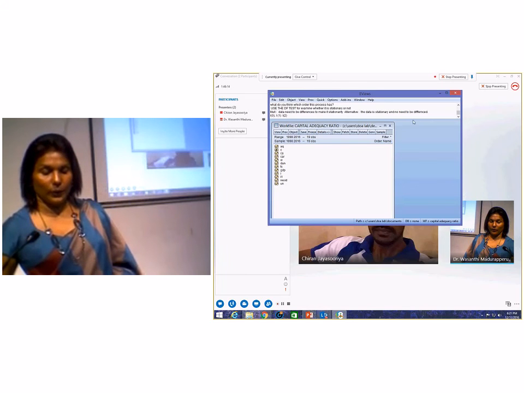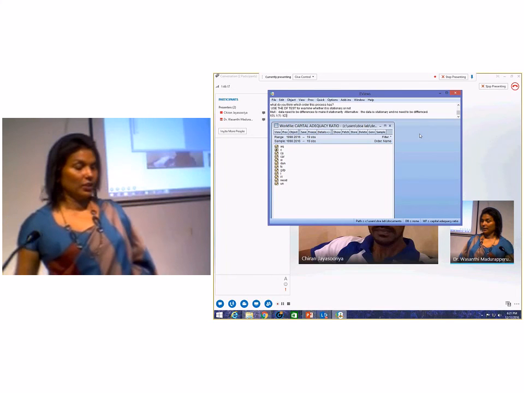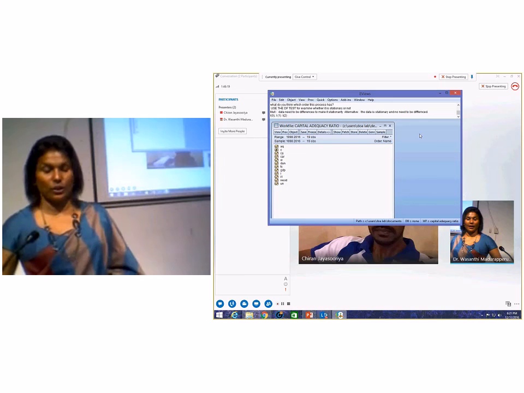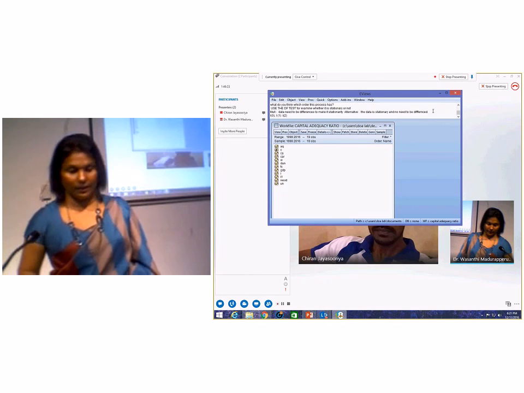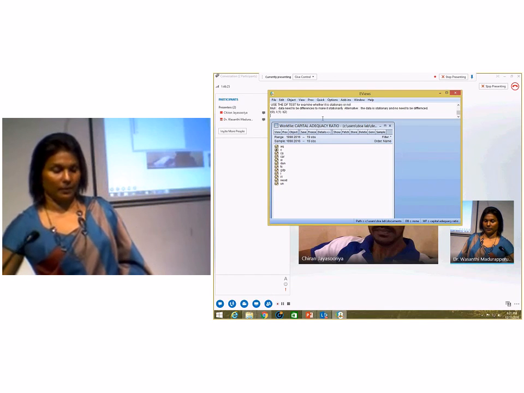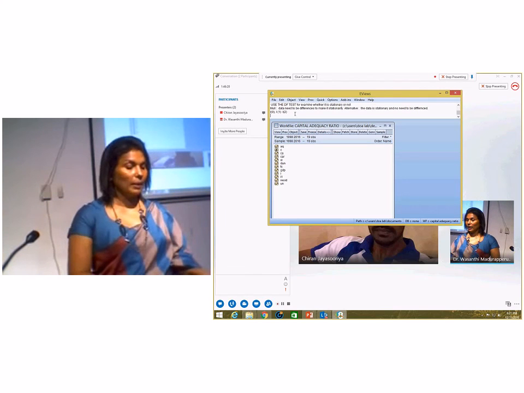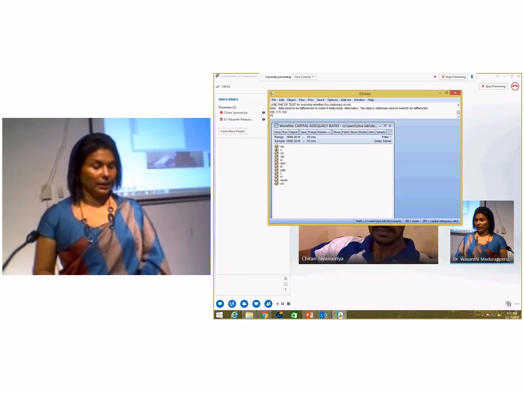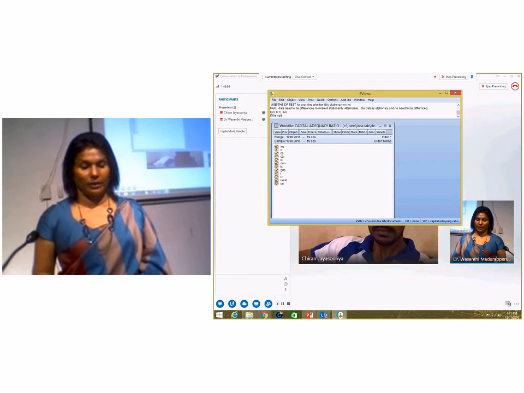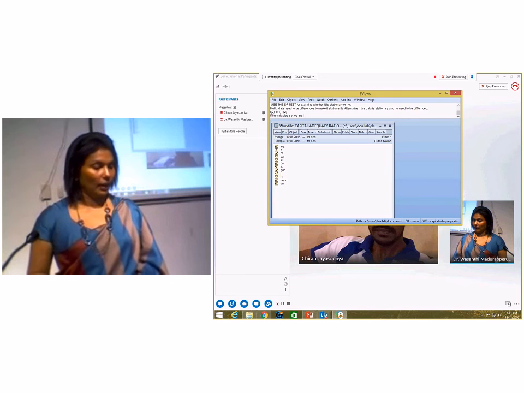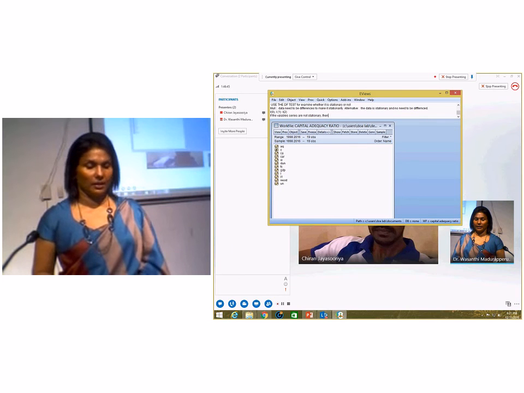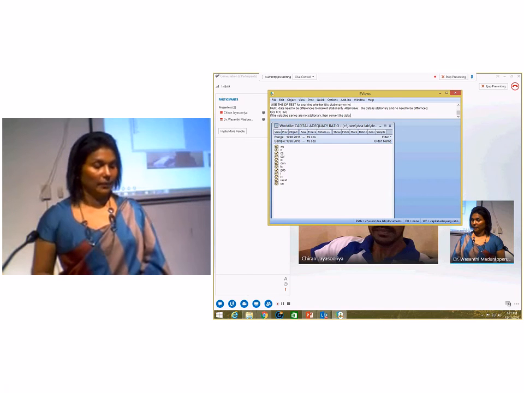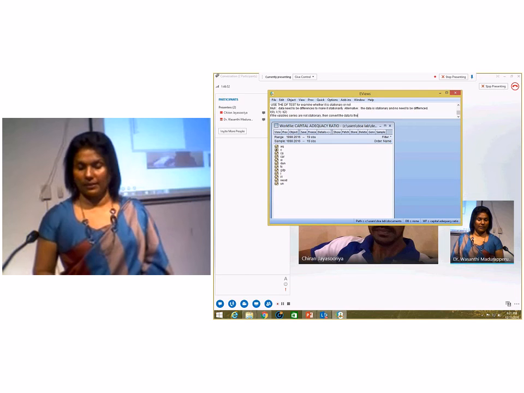Now what we need to do is, if the variables are not stationary, that means your data series are not stationary, then convert the data to the first difference.